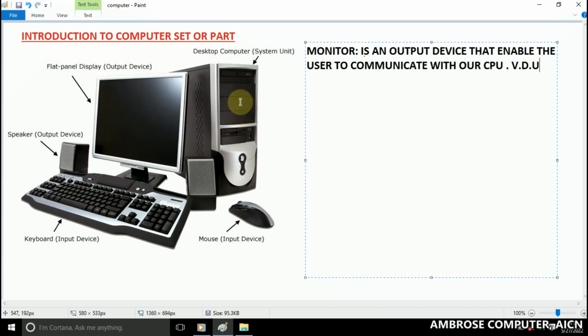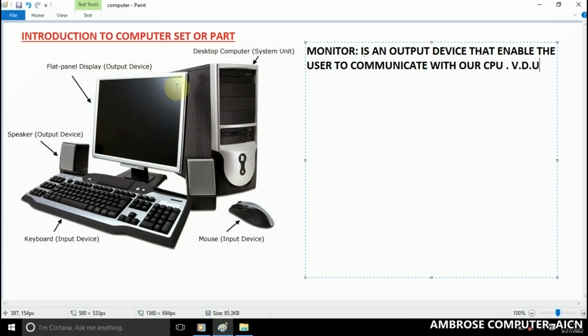Please take note too, this is not the main computer. This is the main computer where everything is being processed, except you are using what we call a dual computer, which means the CPU and the monitor are combined together.